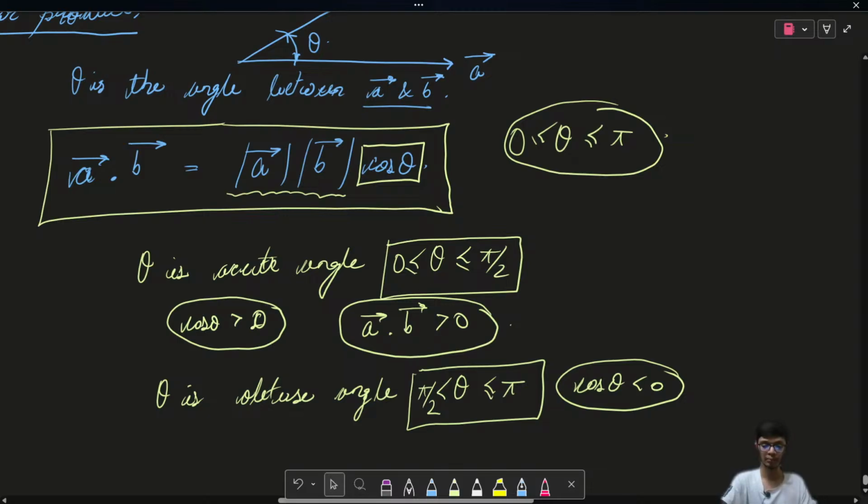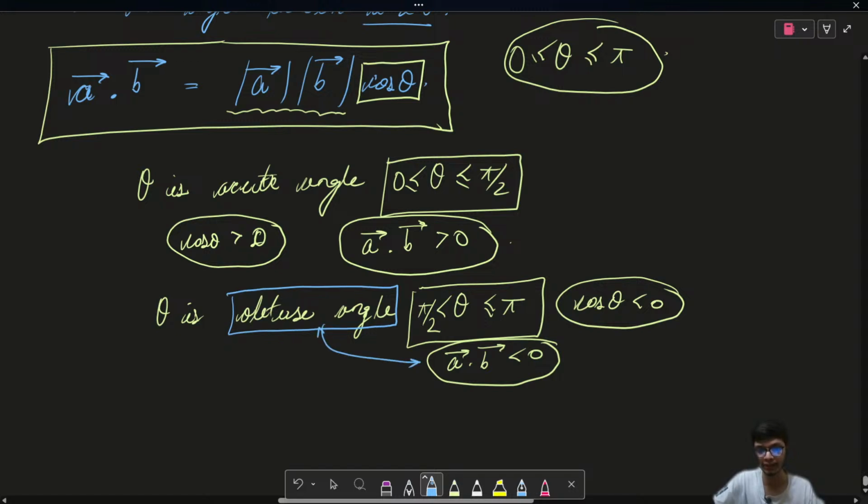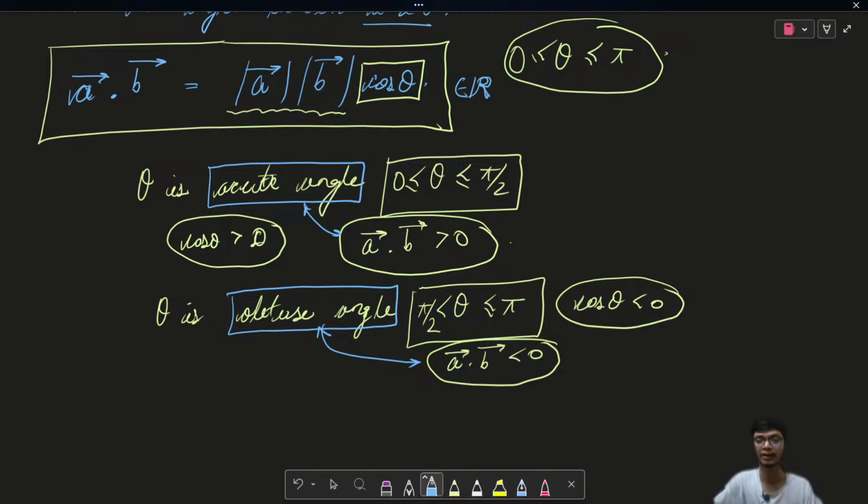That means the dot product, or scalar product, is negative as well. So whenever my scalar product is negative, that basically means the angle is an obtuse angle. I hope this is clear to all of you, right? And this result is obviously a scalar, real result.